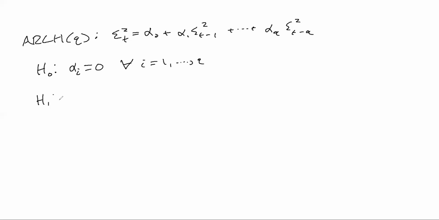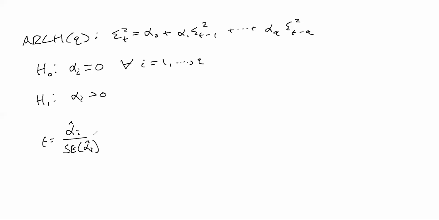And for the alternative hypothesis, we're saying that alpha i is just not equal to 0. And again, this is for any of the coefficients that are on the error terms. And to test, you may use a t-test for a coefficient, where, remember for a t-test, the t would be the estimate of that specific coefficient divided by its standard error.